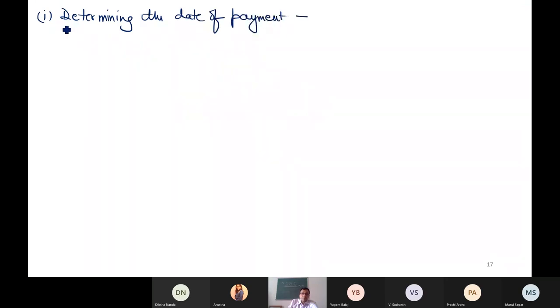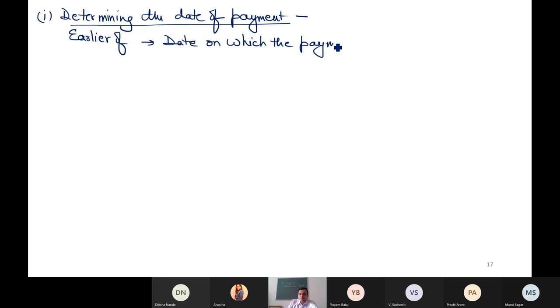Earliest of, or earlier of what? The date on which the payment is entered in the books of account of the recipient. It is the same. Earlier in section 12 subsection 2 it was from the point of view of the supplier, now it is from the point of view of the recipient. That only you should remember.